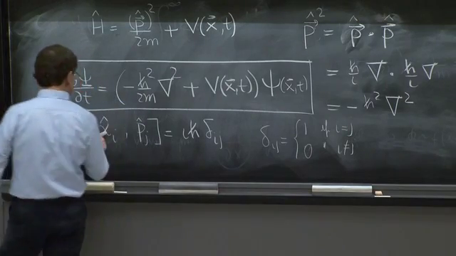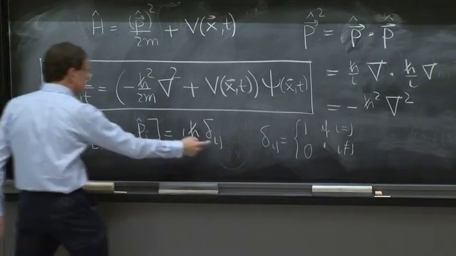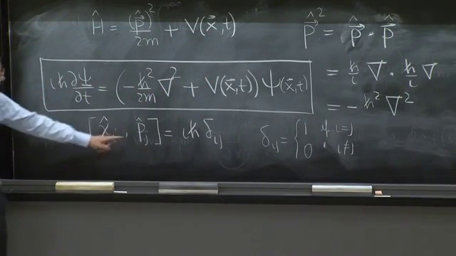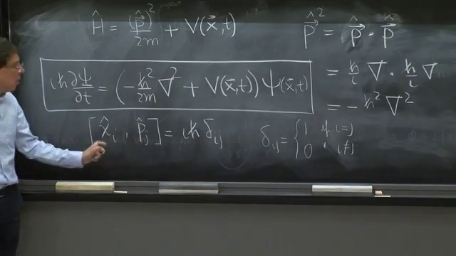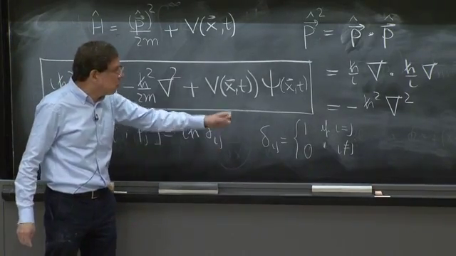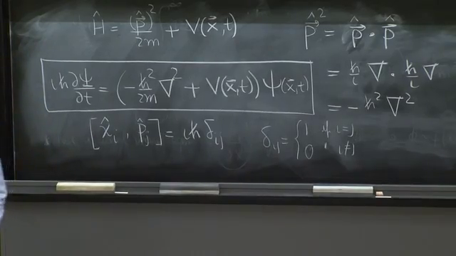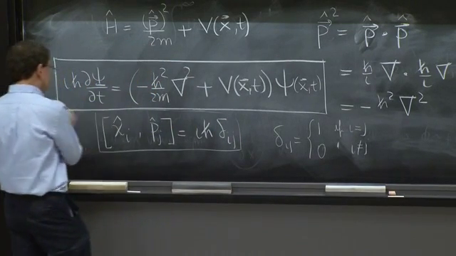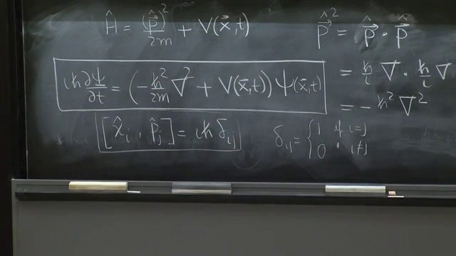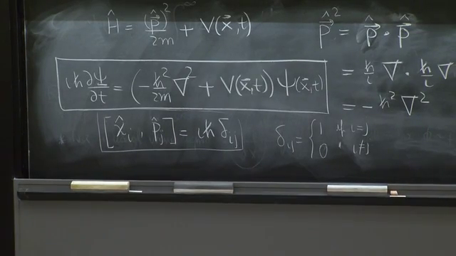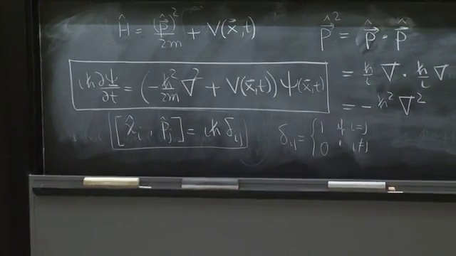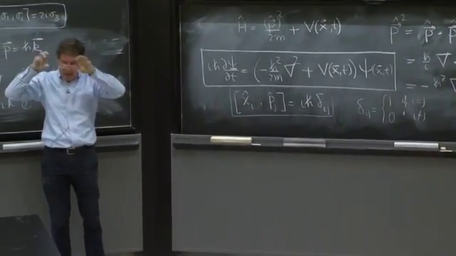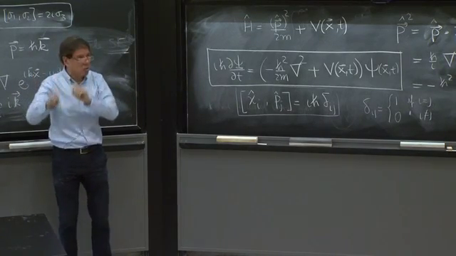So here you go, x and px is 1 and 1, delta 1,1 is 1, so you get i h bar. But if you had x with py or p2, you would have delta 1,2, and that's 0 because the two indices are not the same. So this is a neat way of writing 9 equations, because in principle I should give you the commutator of x with px, py and pz, y with px, py, pz, and z with px, py, pz. You've seen that in fact x just talks to px, y talks to py, z talks to pz.